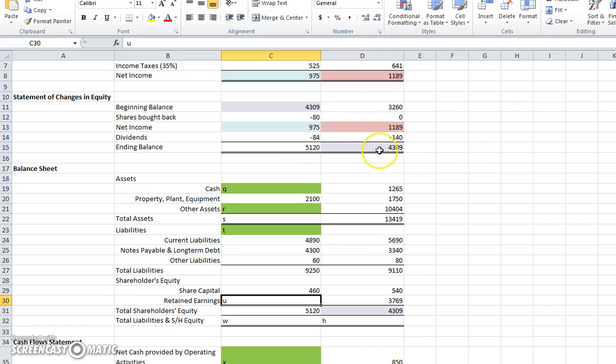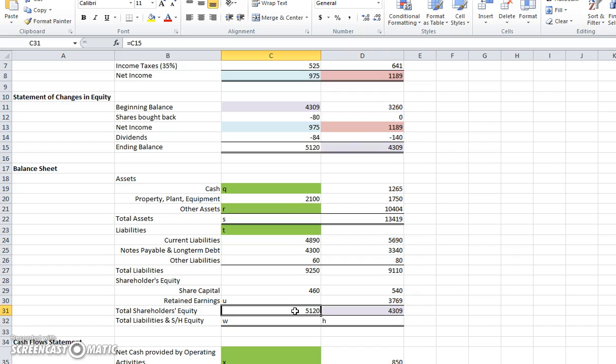Remember here, ending balance is also, what is the ending balance of? It's the ending balance of equity. And therefore, here's equity. So we know this ending balance of equity must equal the total shareholders' equity here, and we know that.